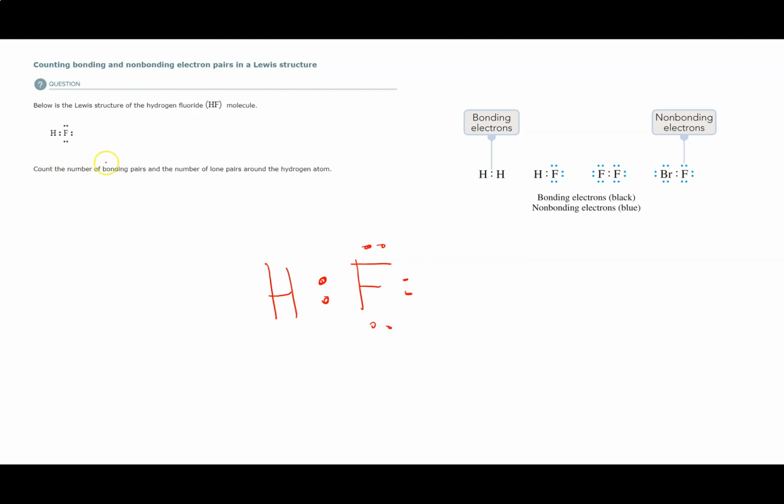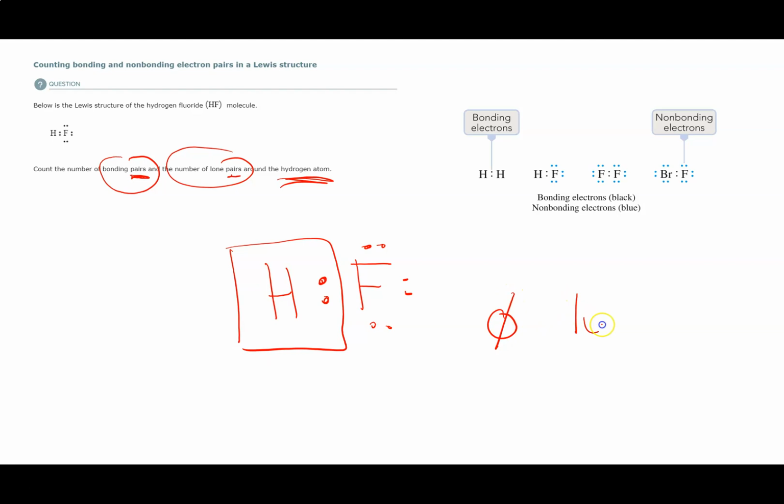It says count the number of bonding pairs, and the number of lone pairs around the hydrogen atom. So there's the hydrogen atom there. And so what does it have? It has 0 lone pairs, and it has 1 bonding pair. And you'll see what I meant by you've got to be careful about whether they're asking for the number of bonding electrons or the number of bonding pairs.